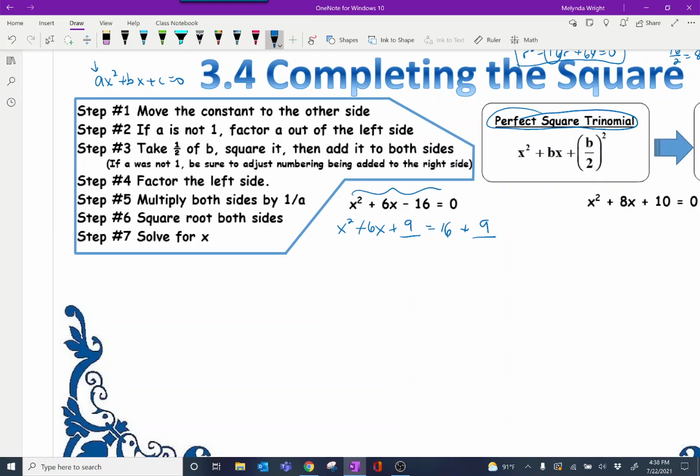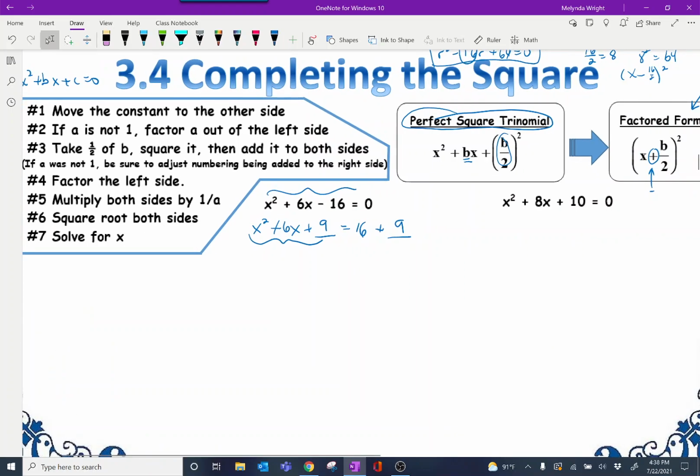Step 4, we factor. Now this piece right here is in the form of a perfect square trinomial. So b in that case is 6. 6 divided by 2 is 3, and 3 squared is 9. So it's going to factor exactly like this: x plus b over 2, so 6 over 2, which is 3, squared.